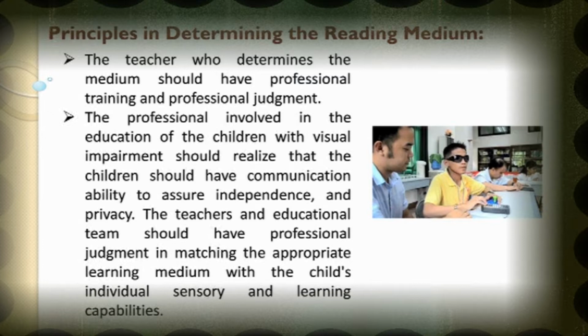The professionals involved in the education of children with visual impairment should realize that the children should have communication ability to assure independence and privacy. The teachers and educational team should have professional judgment in matching the appropriate learning medium with the child's individual sensory and learning capabilities. Now we will discuss visual reading.